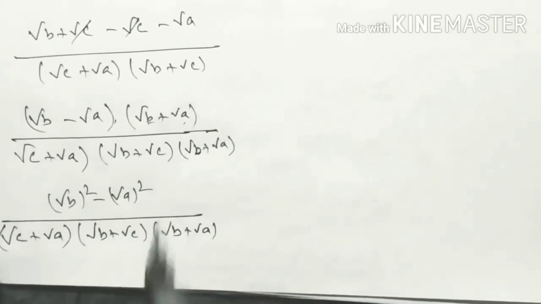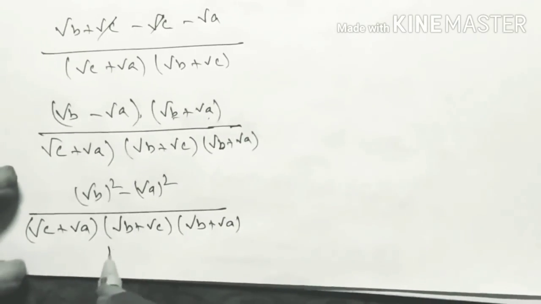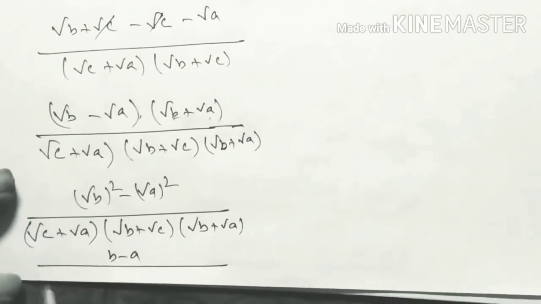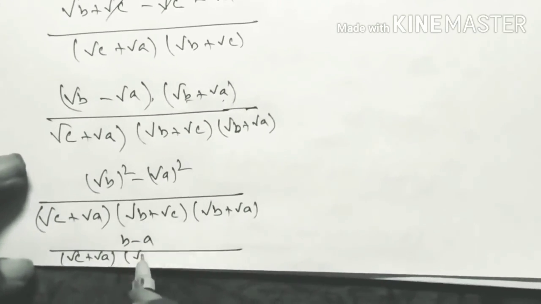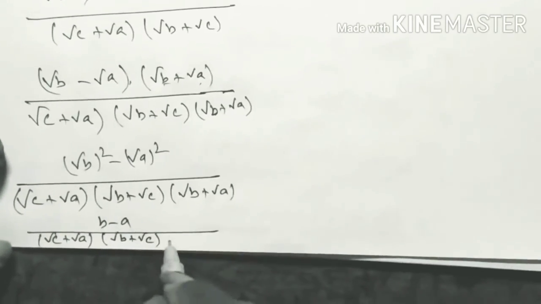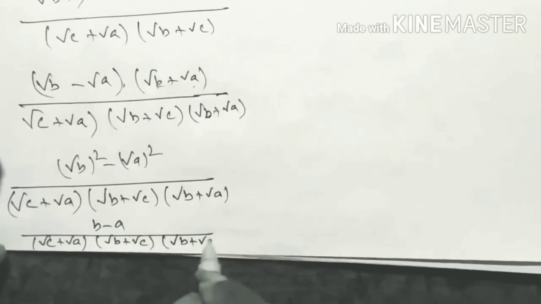This is B minus A by (root C plus root A)(root B plus root C)(root B plus root A).